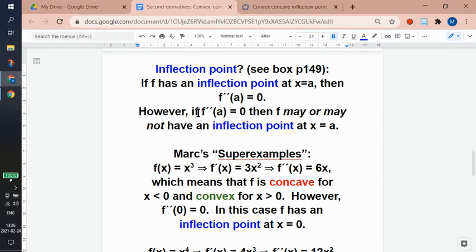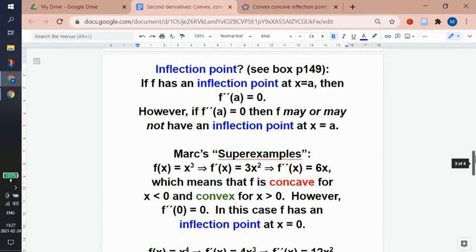However, if you know the second derivative is 0 at x equals a, that does not tell us whether or not f has an inflection point there. It may or may not. So with inflection points, we have to be a little more careful.